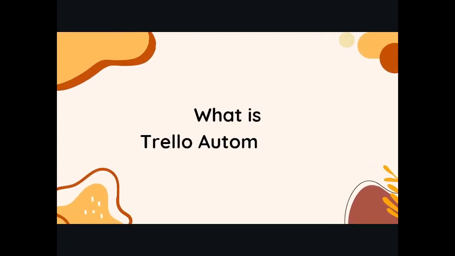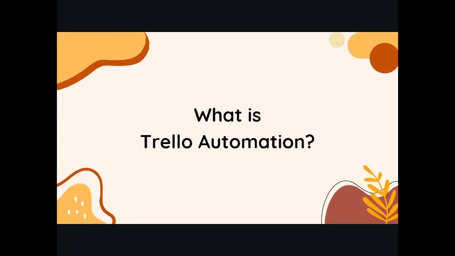Now let us move on and learn about Trello automation. So Trello has a built-in automation system that makes it easy for everyone to automate just about any action in Trello.